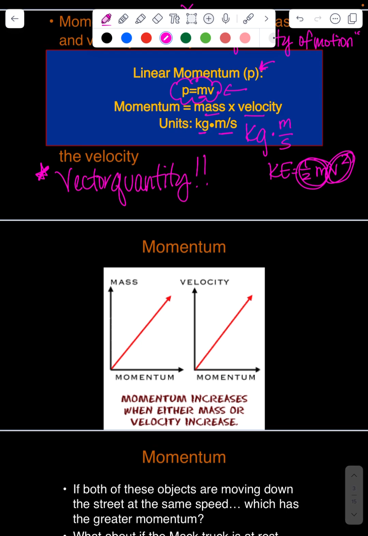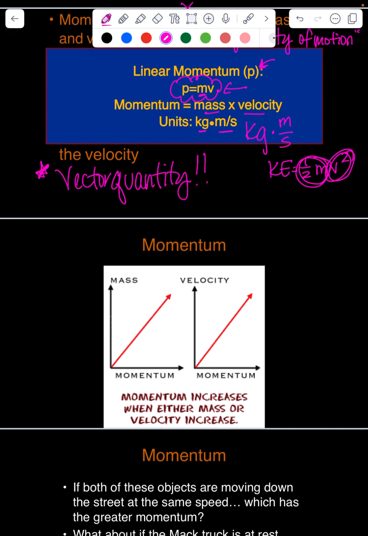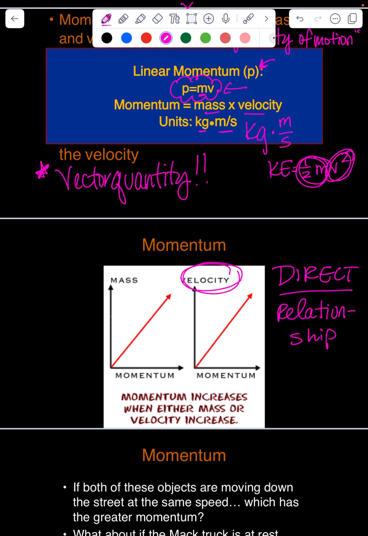All right, so we see that as mass increases, so does momentum, and as velocity increases, so does momentum. All right, so momentum has that direct relationship with both mass and velocity. All right, but we cannot forget about the direction with that velocity.